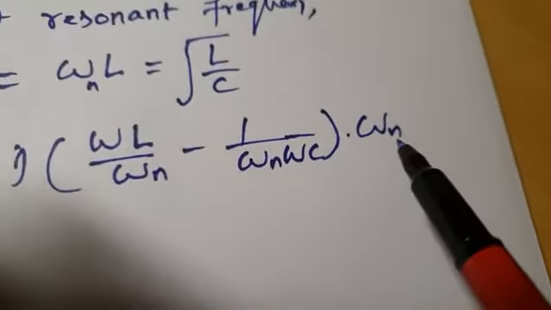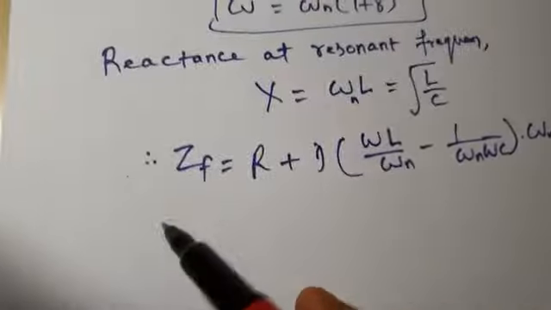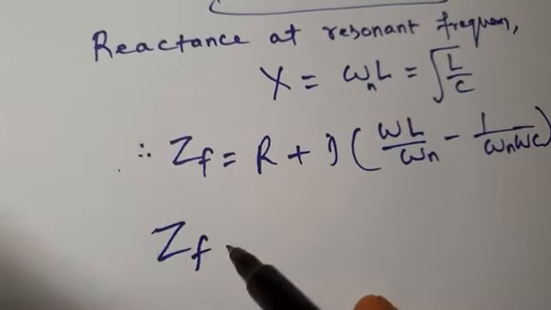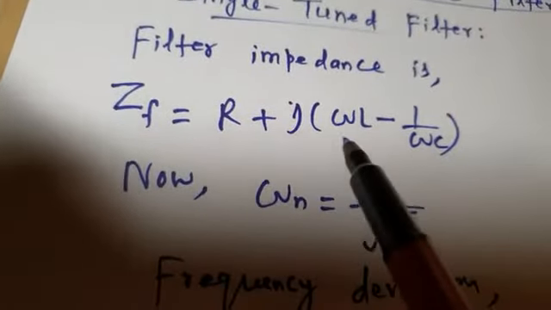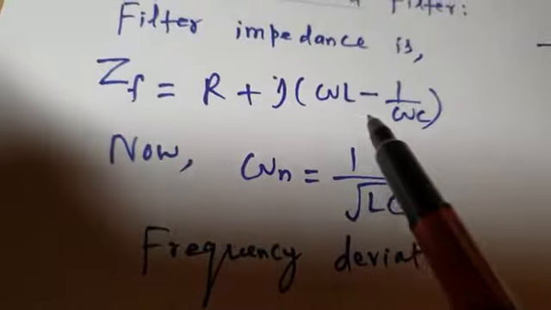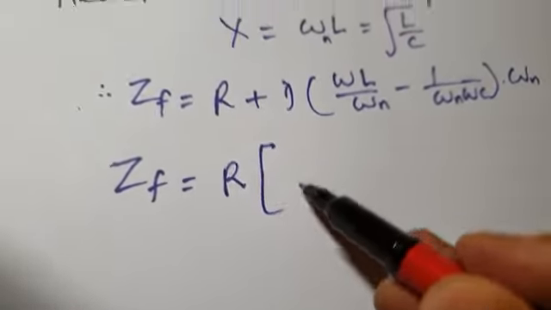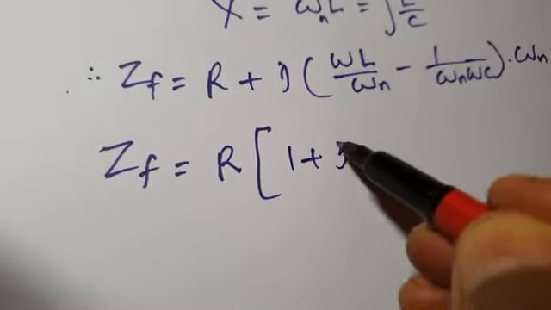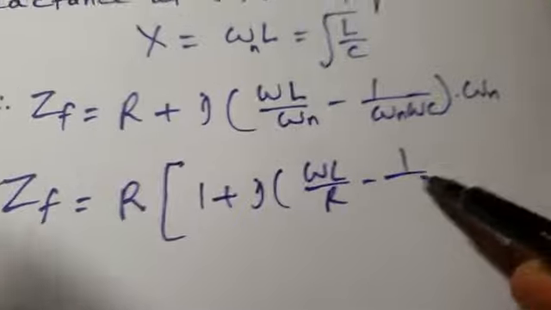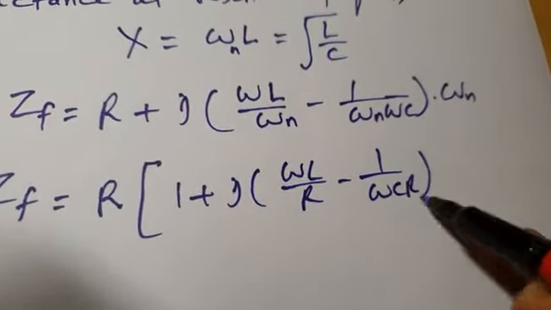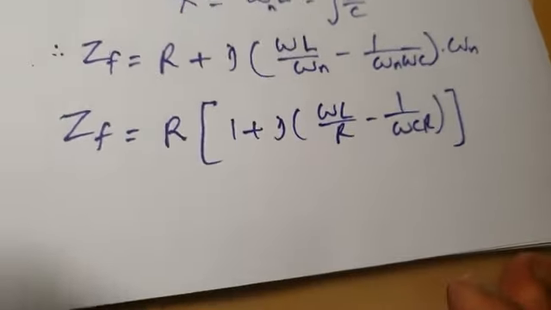I can also write the filter impedance equal to R times, if I take R out, (1 plus j times (omega L by R minus 1 by omega C R)). This is another way of writing it.